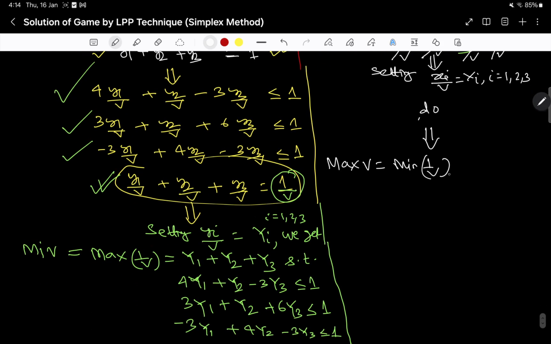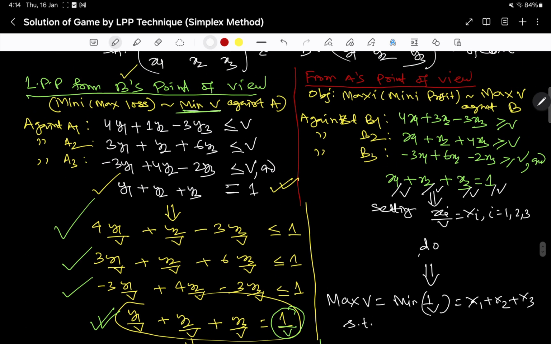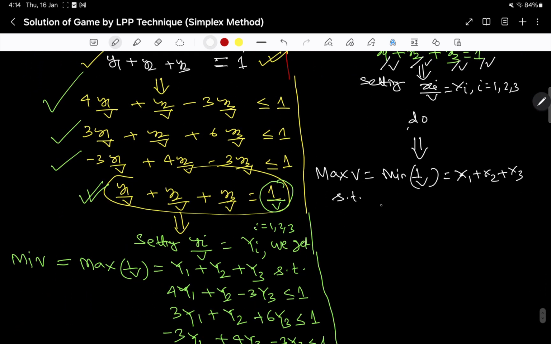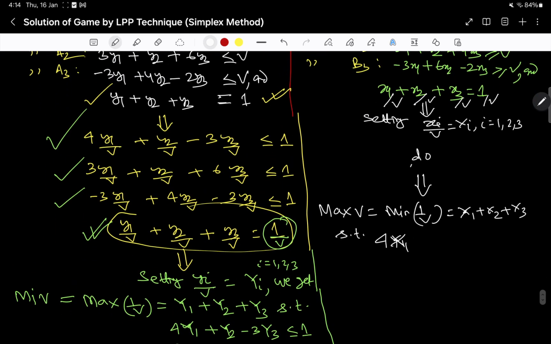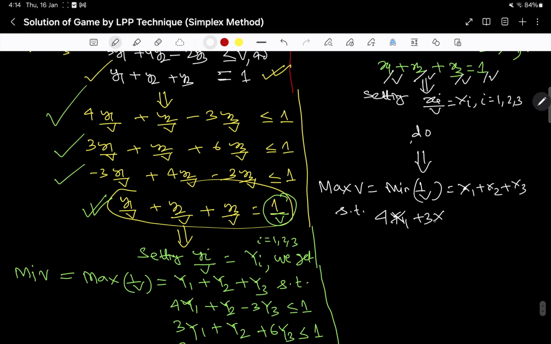So subject to the constraints, V is equal to x1 plus x2 plus x3. Subject to the constraints, here first row, 4x1 plus 3x2 minus 3x3 is greater than or equal to 1.